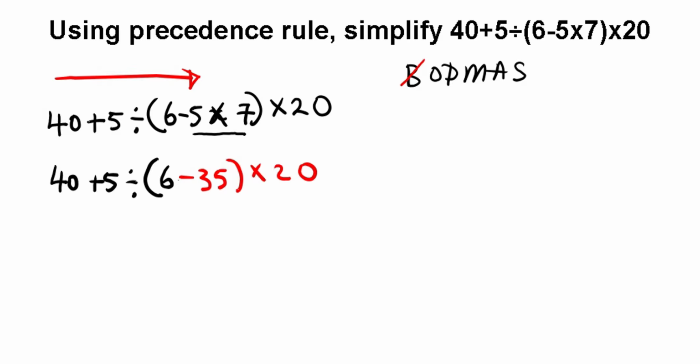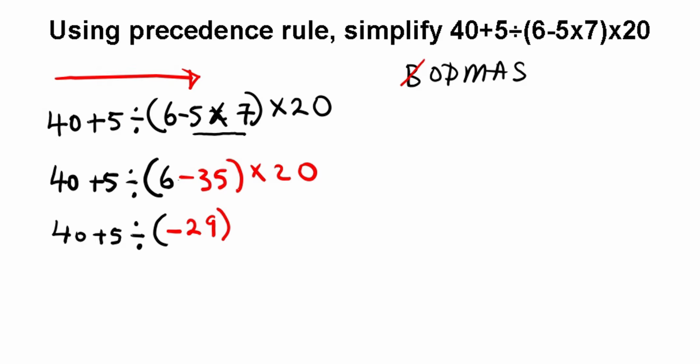So let's go ahead. 40 plus 5, then divided by, bracket opens, 6 minus 35. 6 minus 35, we are going to get negative 29.